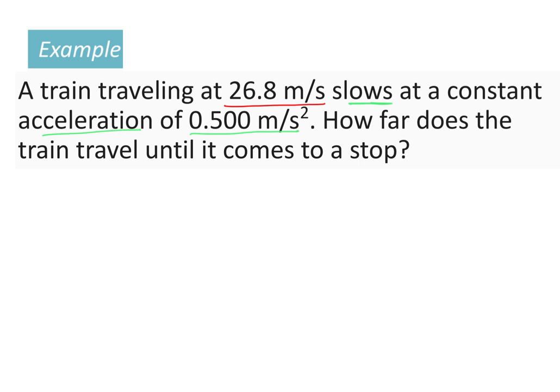All right, how far does it travel until it comes to a stop? That word stop is actually telling us something. What is that telling us? So we have initial velocity. That is going to be 26.8 meters per second. We have final velocity.